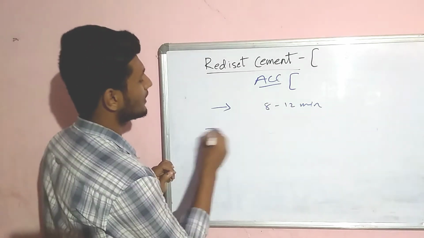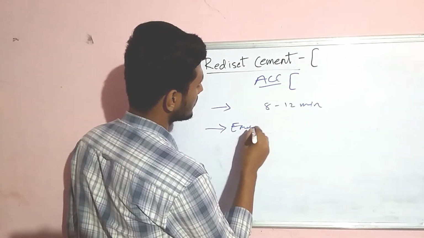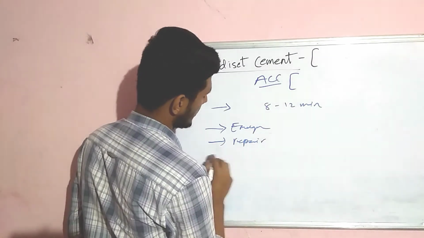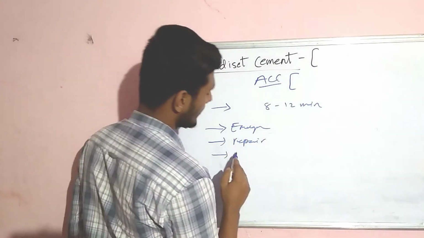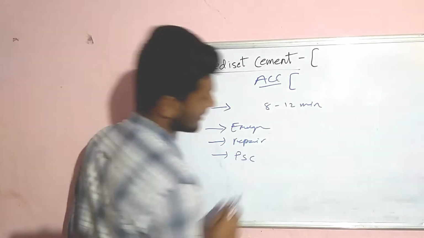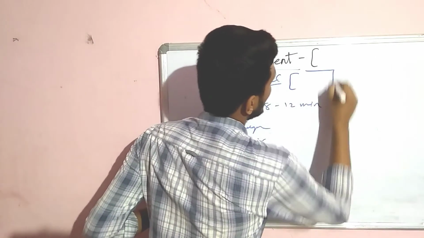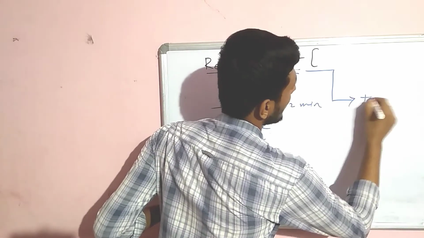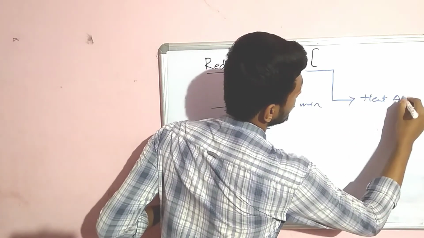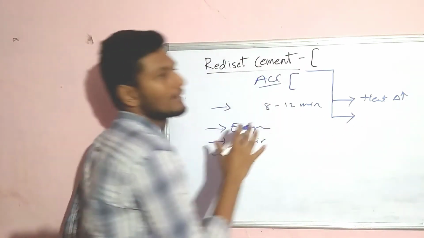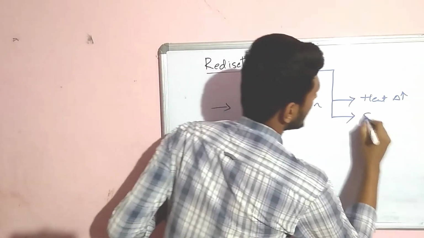Generally, it is used for emergency works and repair works, and it is also used in the precast industry. While using the ready set cement, we also have more heat of hydration, and it is less resistant to sulfuric attacks.